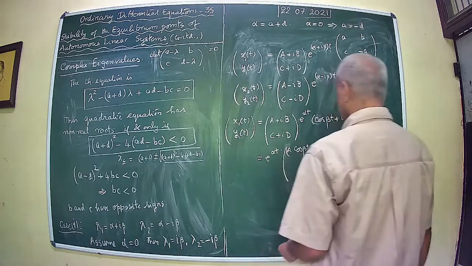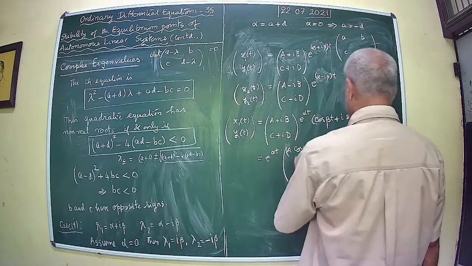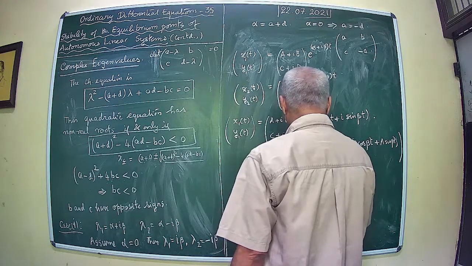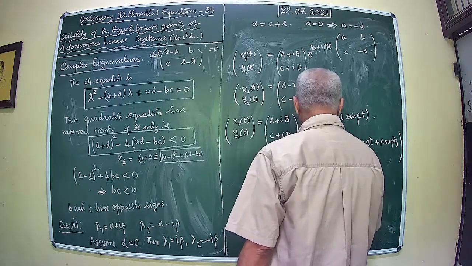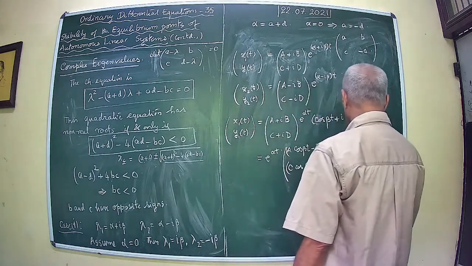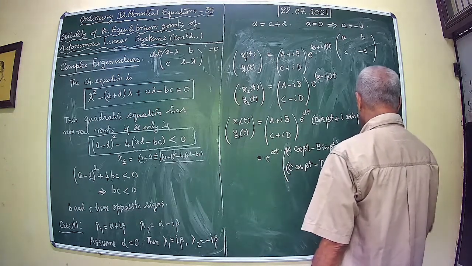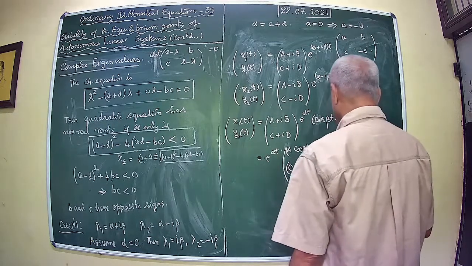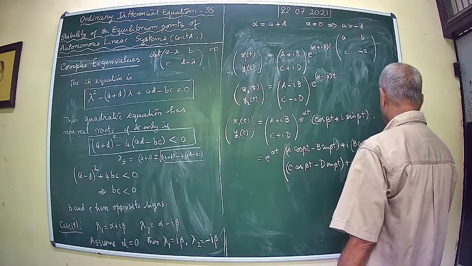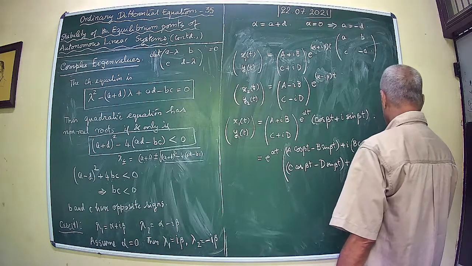And this part, there will be corresponding a and b replaced by c and d respectively, and just the same thing. So this is c cos beta t minus d sin beta t, and d cos beta t.